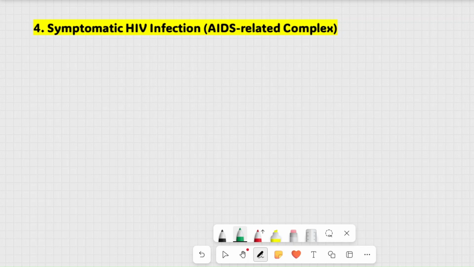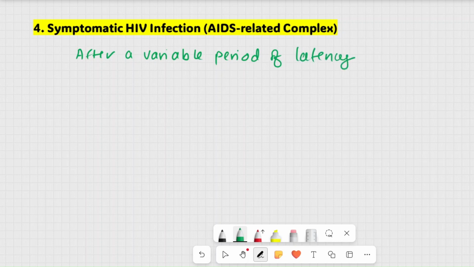So after a variable period of latency, once the patient is coming out of latency, what will happen? The first important thing that is going to take place is a drop in the CD4 T cell count. So your CD4 T cell count will again begin to drop.